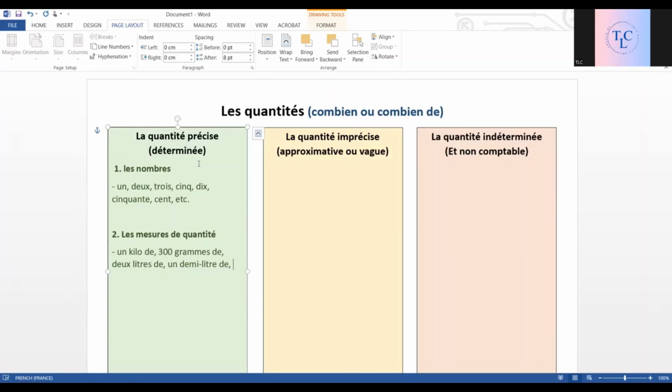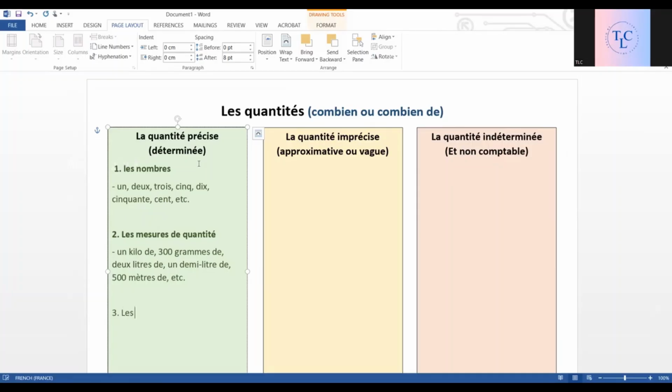Then 500 mètres de, 500 meters of, etc. That's how it goes. It can be measured with these measurements: un kilo, gramme, litre, mètre, centimètre, etc.